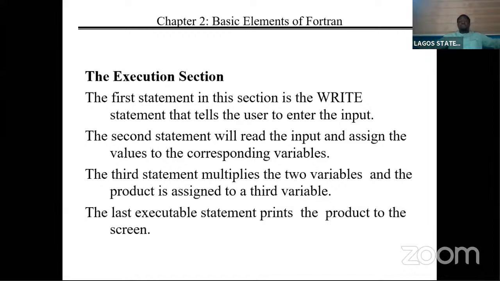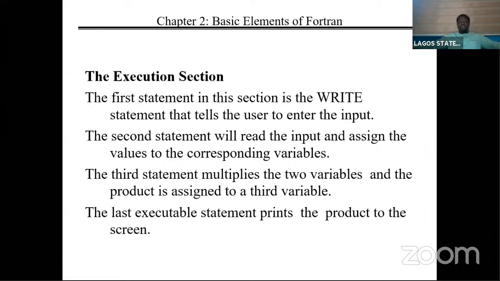So now we come to the executable section. The first statement in this section is the write statement that tells the user to enter the inputs. Then the second, we read the input and assign values, I and J, to the corresponding variables.